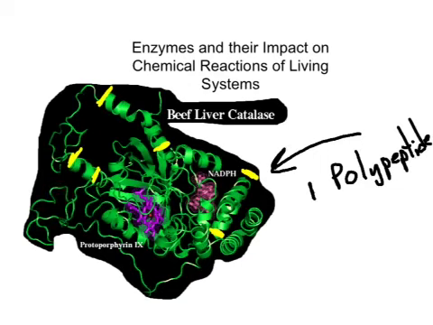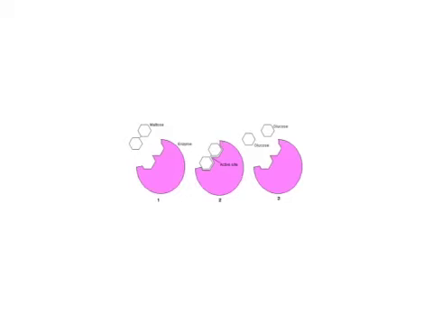And it creates an environment that's alluring to a specific molecule that would fit in this spot here, and would be chemically attracted to be positioned in order to increase the likelihood of a chemical reaction happening.